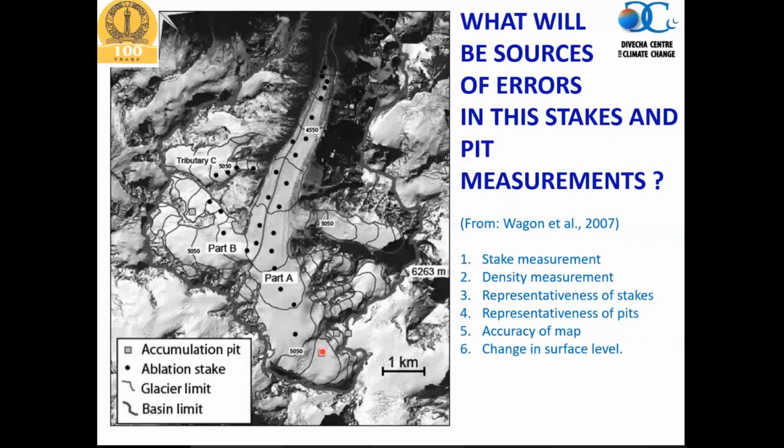Then in addition to that, there is a problem with the accuracy of maps, because most of the time maps are old, so the area also changes, and change in surface elevation can also cause some error. So there are certain errors, but historically people have not done error analysis in the conventional glaciological method.